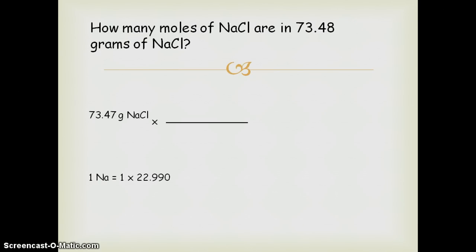You use your periodic table, find the molar mass of your sodium. You have 1 sodium atom and you have 1 chlorine atom. You add those two together to get your grams per mole when you're dealing with table salt. This is your 58.443 grams per mole, which you've already calculated a couple of times in your process.